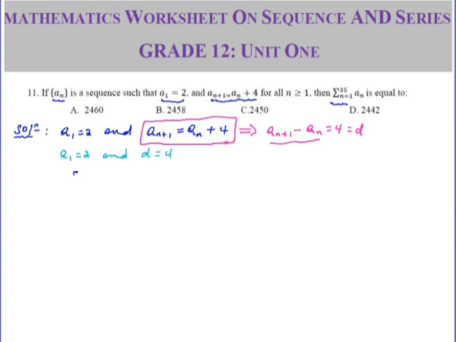The sum of the first n terms of an arithmetic sequence has the formula n over 2 into the first term plus the nth term, or in other words, Sn can be written as n over 2 into 2 times a1 plus n minus 1 times d.